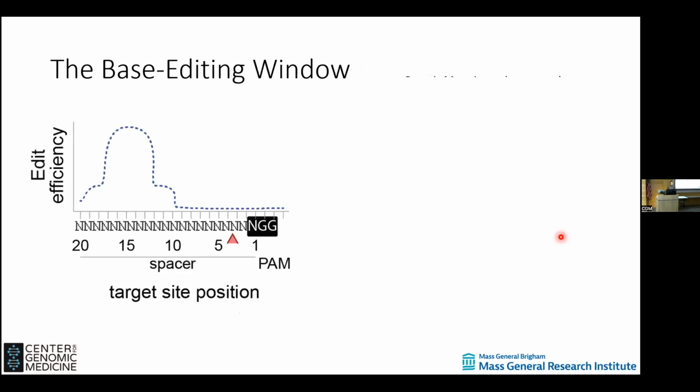In the context of base editing, there's also one more limitation, and that's the base editing window. And this is basically how far this deaminase can reach off of the Cas9 and make edits to nucleotide bases. And so in the case of my example up here, the edit windows are between 10 and 20 bases.